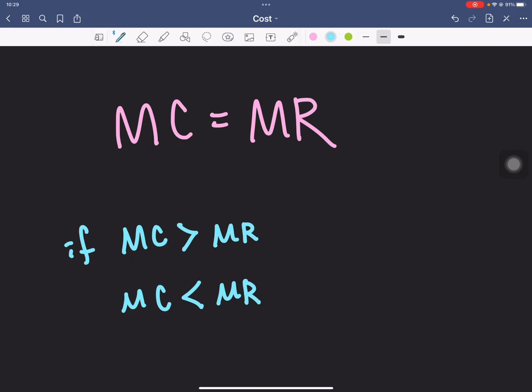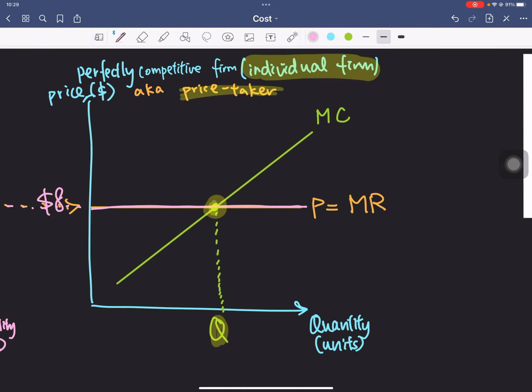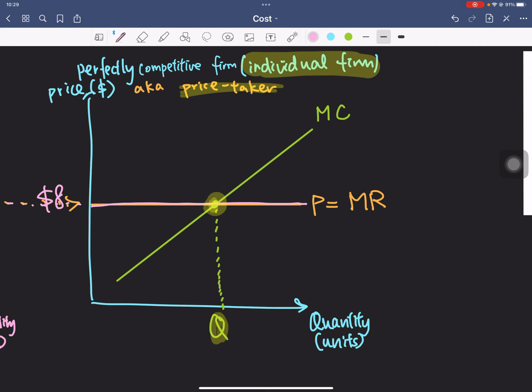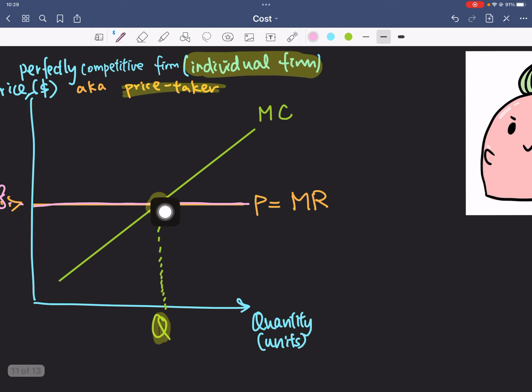Because if either the marginal cost is larger or the marginal revenue is larger than the other, we know that the firm is going to adjust the output level. So the individual firm is going to produce at the output level where the marginal cost is exactly equal to the marginal revenue. When we put it in this diagram, the marginal cost is equal to the marginal revenue at this point here.